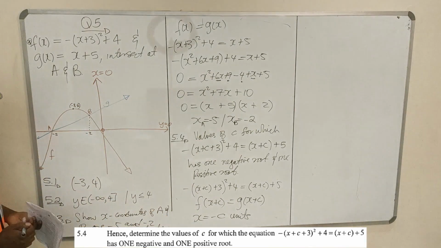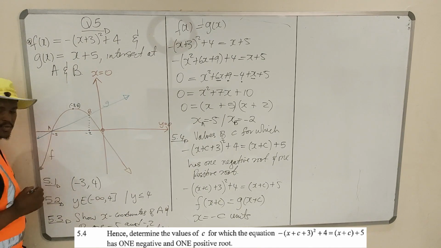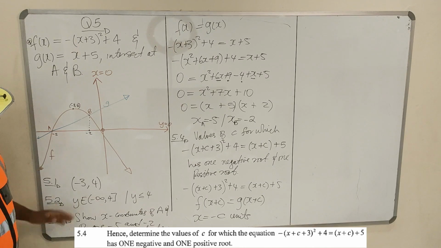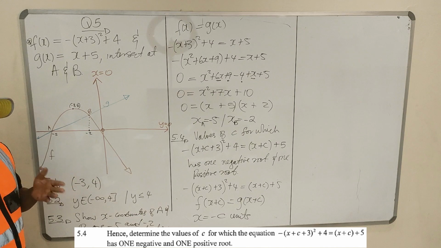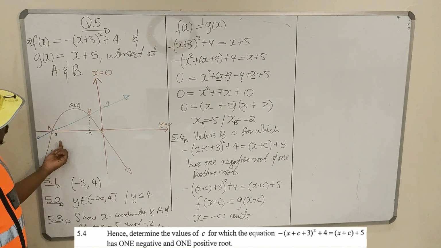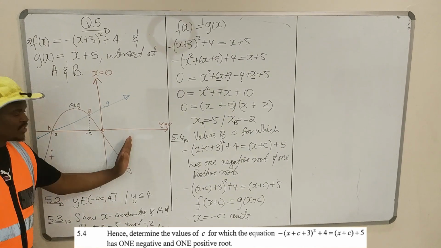Okay. So look here, you have one root here and the other root there. Do you understand? Yes. So if you want one root to be positive and the other to be negative, between these two, which one can be positive? It's minus 2, the one on the other side.